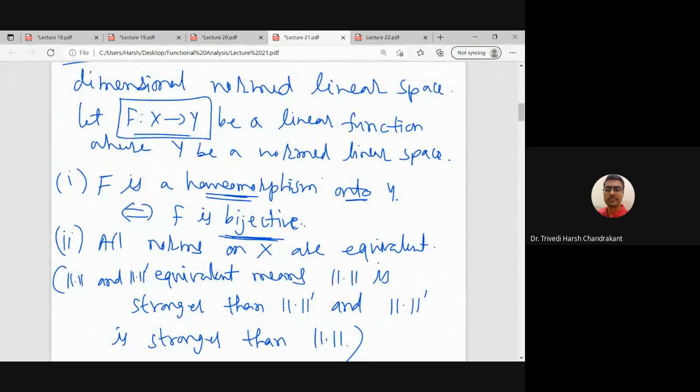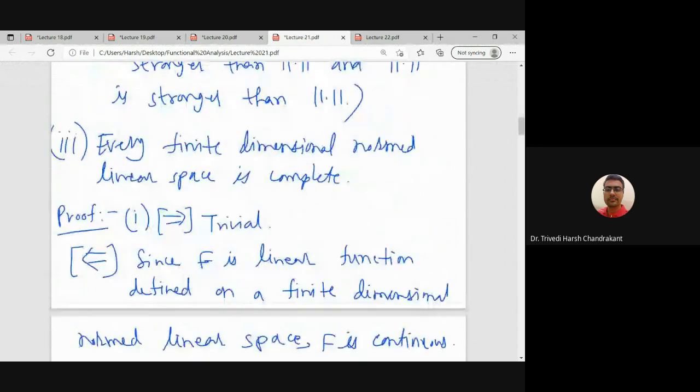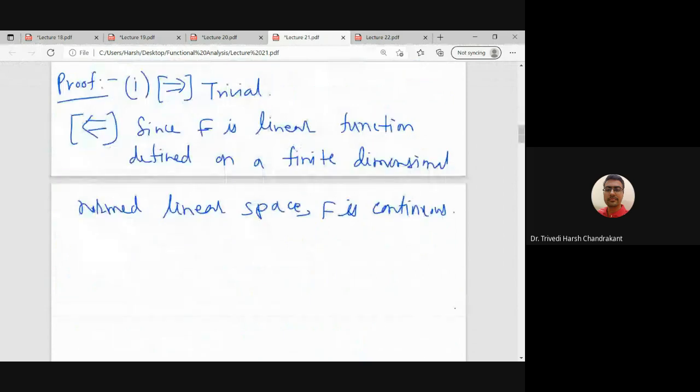So since f is a bijection from X to Y, its inverse is defined on whole Y, right? And we have also discussed that since f is a linear function, f inverse is also a linear function, right?